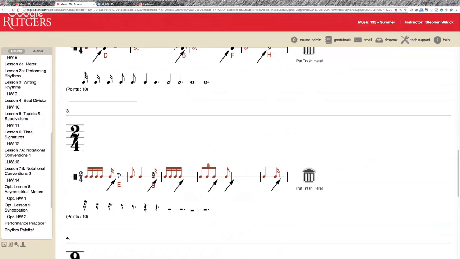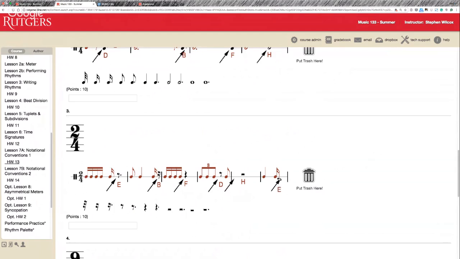So 1 more 16th note. Here we have 1 quarter note. We need 2 quarter notes total. Here we have 1 and a half quarter notes, so we need another half. Here we have nothing, so we need a half rest. Here we have 1 quarter and a 16th note, means we need 3 more 16th notes.